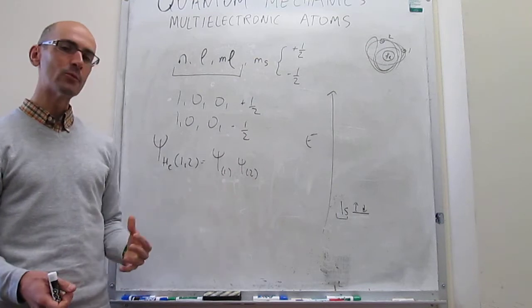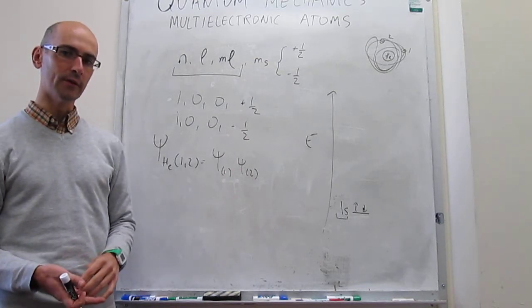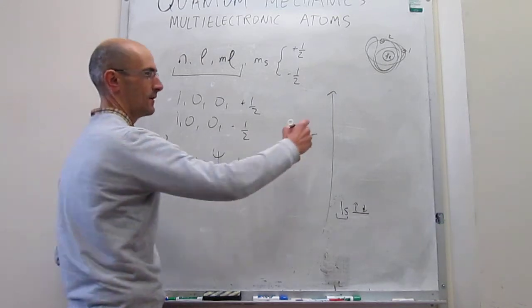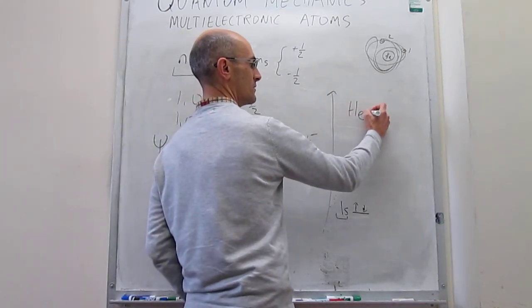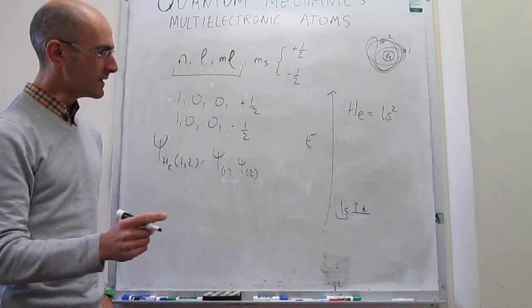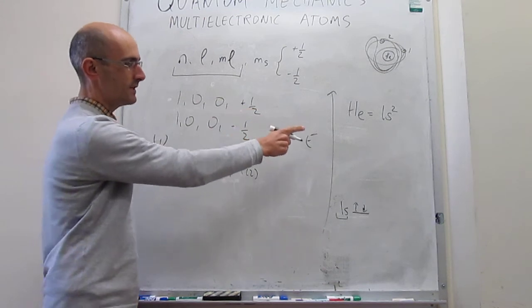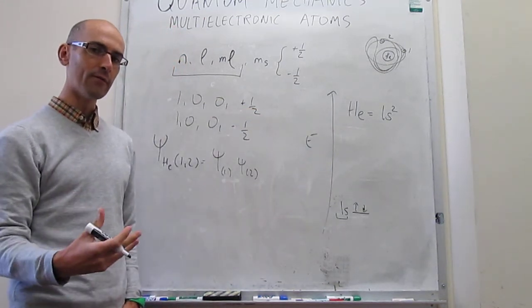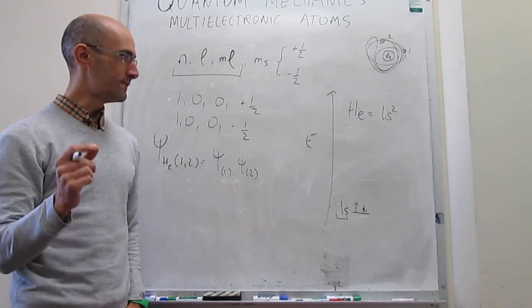Right, so again, this gives rise to what we call the electronic configuration. Okay, in general, the way that we actually do this is to say as follows. What is the lowest energy configuration of helium? This is just 1s2. Okay, but this means much more than that. Okay, what this means is that we can describe the overall electronic wave function as follows.